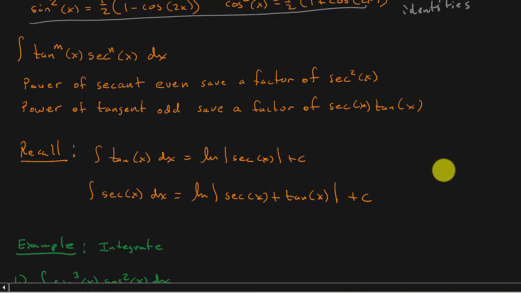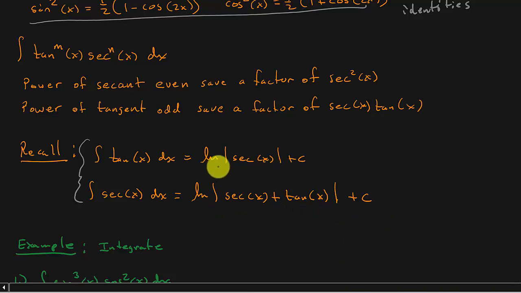And then let's recall these two integrals. You should know these from earlier in the course. The integral of tangent is natural log of absolute value of secant plus c, and the integral of secant is natural log of absolute value of secant x plus tangent x plus c.